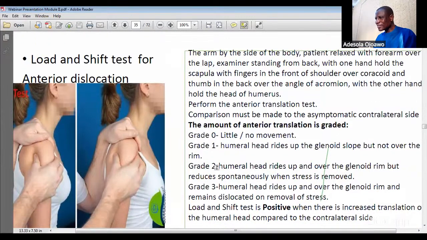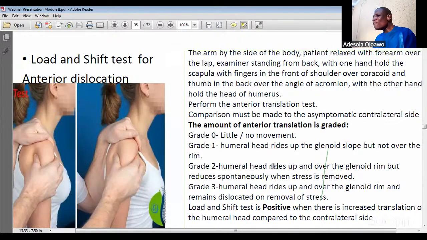If the humeral head rises up over the glenoid rim but reduces spontaneously when the stress is removed, you call it grade 2. So you move it and you leave it, and the head comes back.